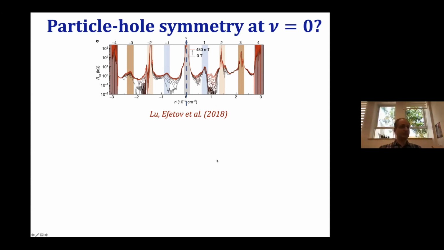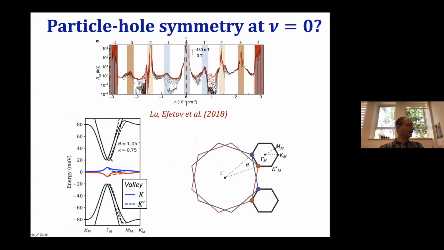So what causes this approximate particle-hole symmetry? Well, you can say it's just inherited from the approximate particle-hole symmetry of graphene. This is again the calculation of the narrow bands, and you see that the spectrum is indeed E to minus E symmetric, but in a very peculiar way.